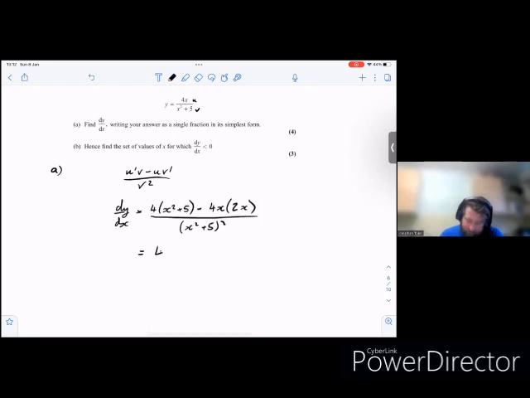Simplify that, we get 4x squared plus 20 minus 8x squared. And that becomes 20 minus 4x squared.